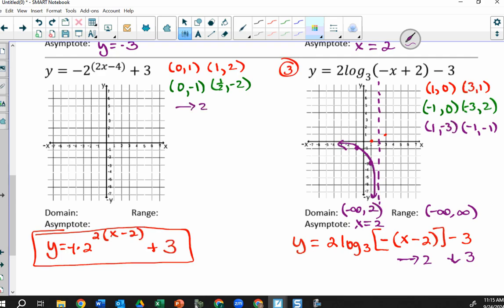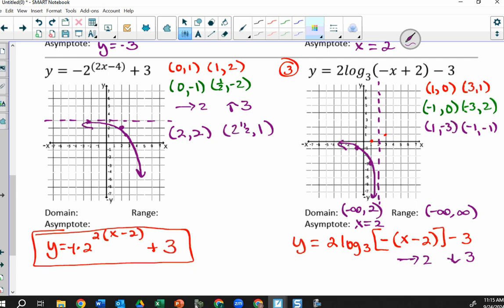Then we have to go right 2 and up 3. 2, 2, 2.5, 1, 2. All right, your horizontal asymptote is at 3. It got reflected over, so it's now that way.